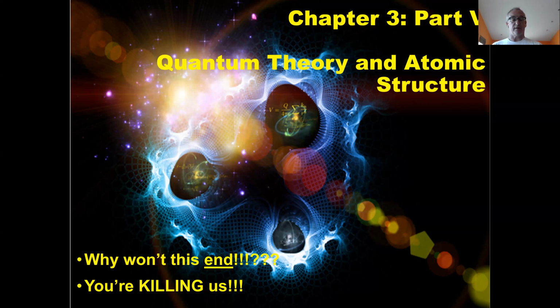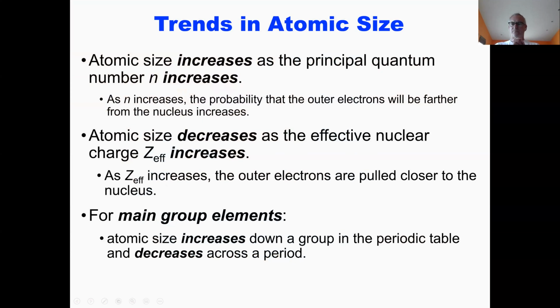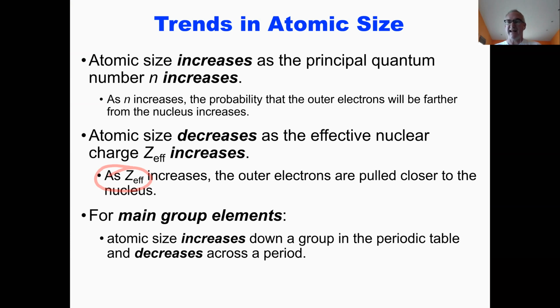Okay, so where we left off last week, we were talking about atomic size, as I just mentioned. And one of the new terms I introduced last week was this term, Z effective. Now, if you remember, when we talked about the structure of the atom, we mentioned that Z was basically the charge of the nucleus.